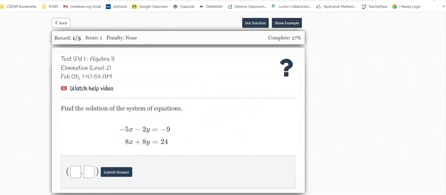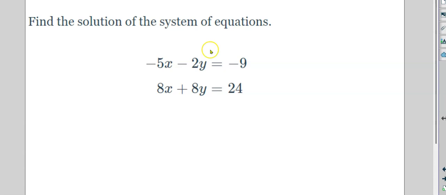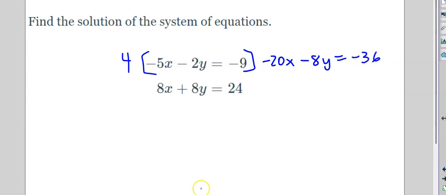Next one. Again, with this one, I'm going to focus on the y's because I know that 2 is a factor of 8, so 2 can become an 8, and they already have opposite signs. So I'm going to multiply everybody up here by 4. Keep everybody in the second sentence the same.